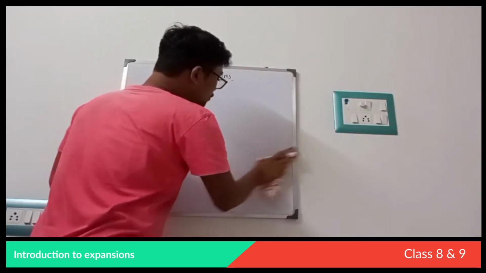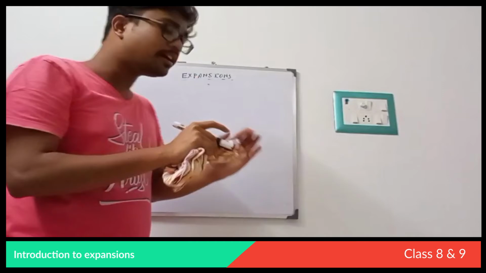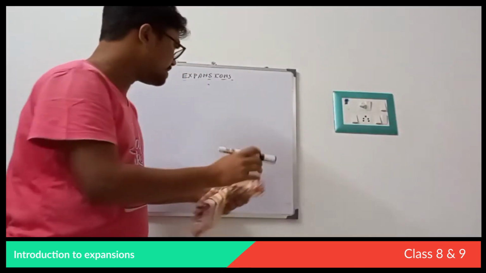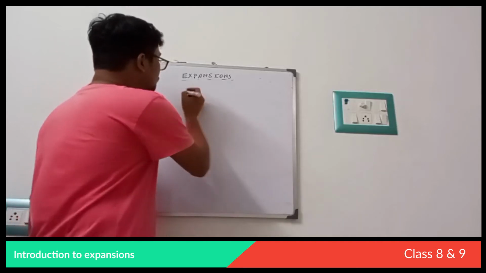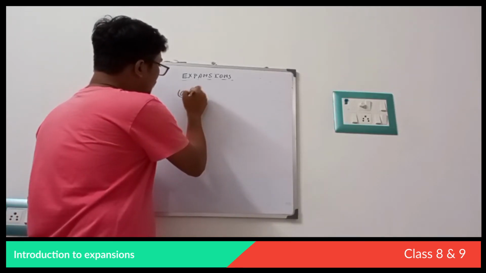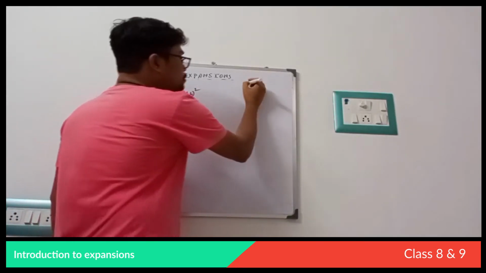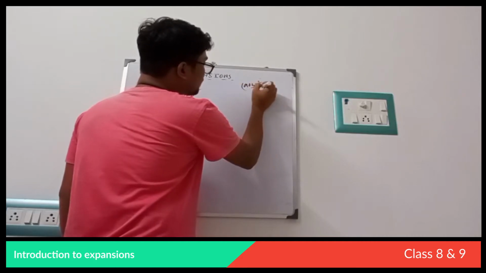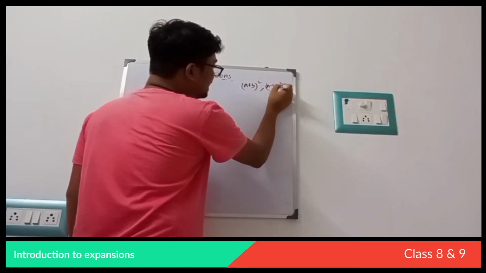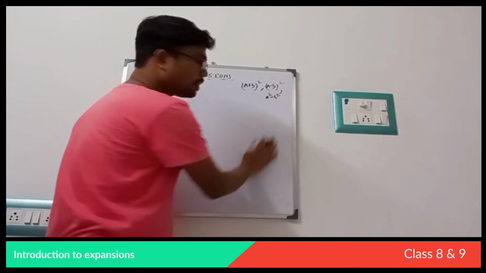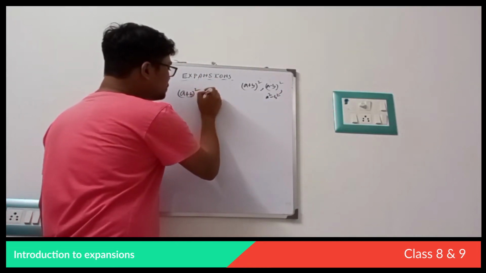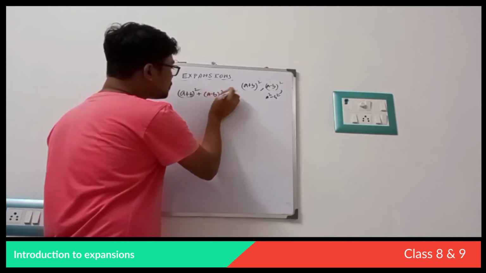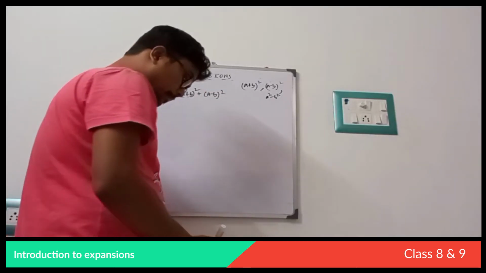Now we have to use the three formulas to get other types of expansion. Suppose we write a plus b whole square, a minus b whole square, and a square minus b square. Now, when I subtract a minus b whole square from a plus b whole square, what will you get?